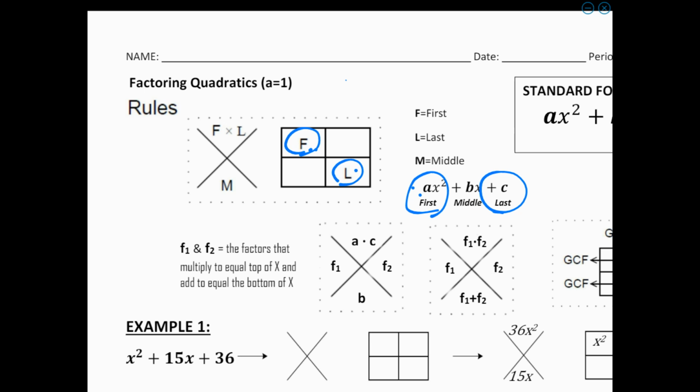And whatever ended up in this last box here was always the last term. The thing that messes things up are these two right here that get combined to be that middle term. So we have to figure out what the two things are that go here in order to figure out our factors.